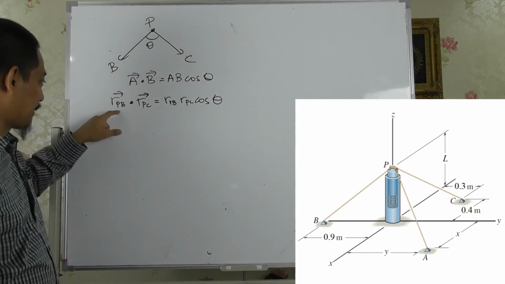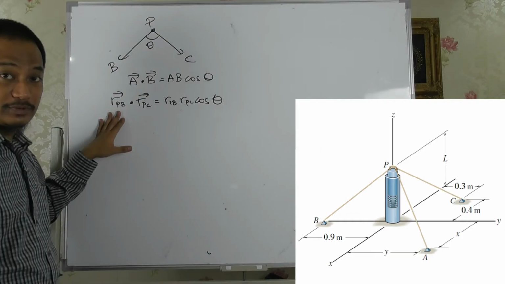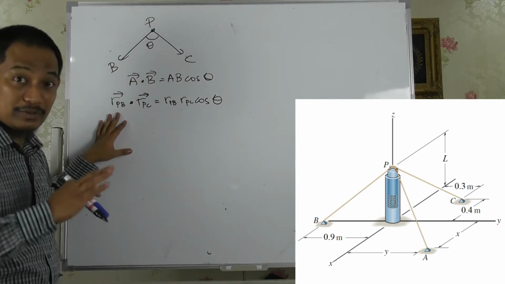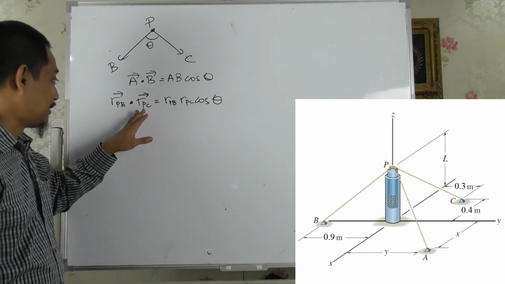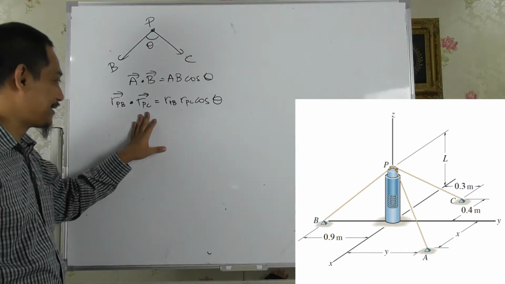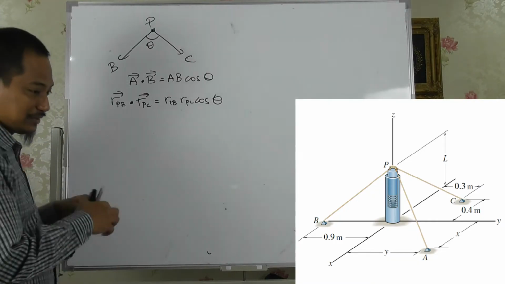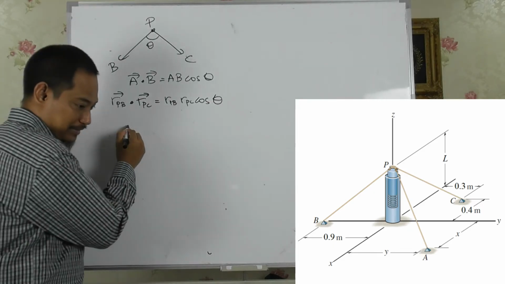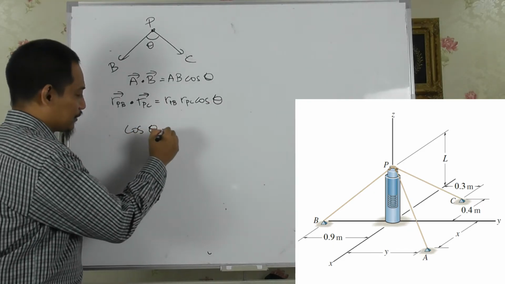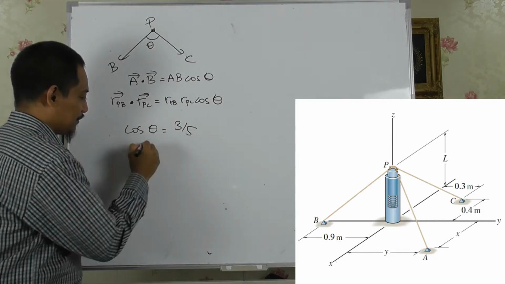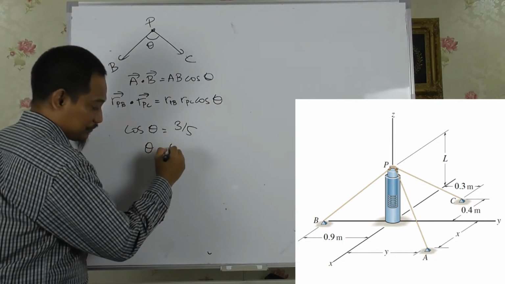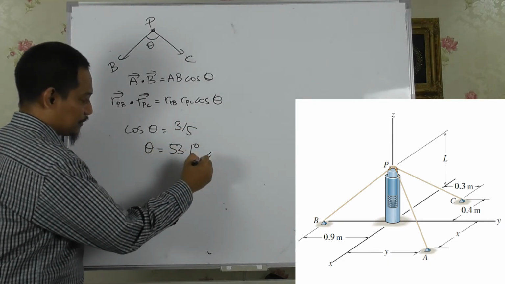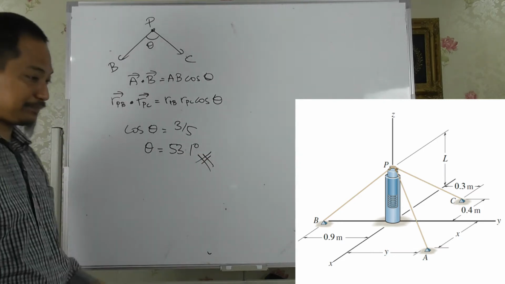Just put in the vector of RPB that you already calculated in part A, RPC, and then the magnitude, and then you can calculate for theta. Basically you get cos theta equal to 3/5, theta equal to 53.1 degrees. So that would be the answer.